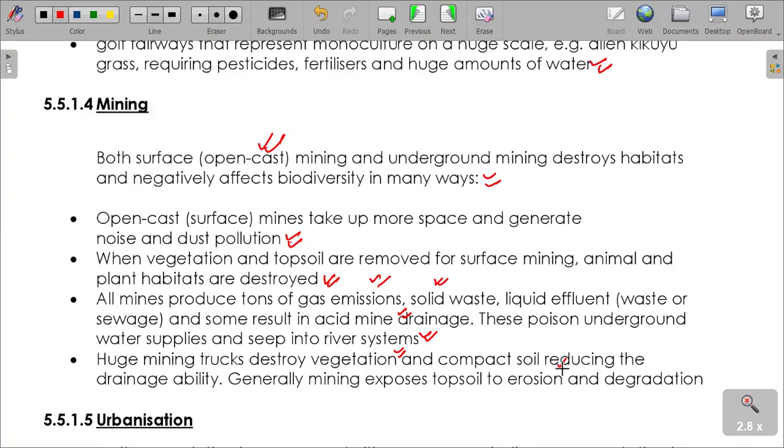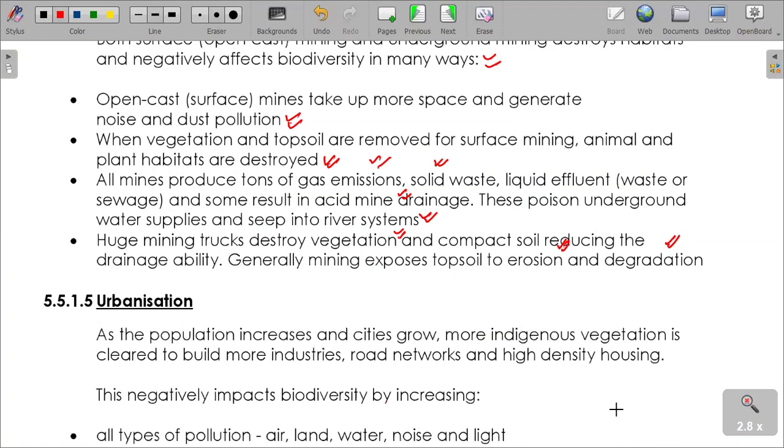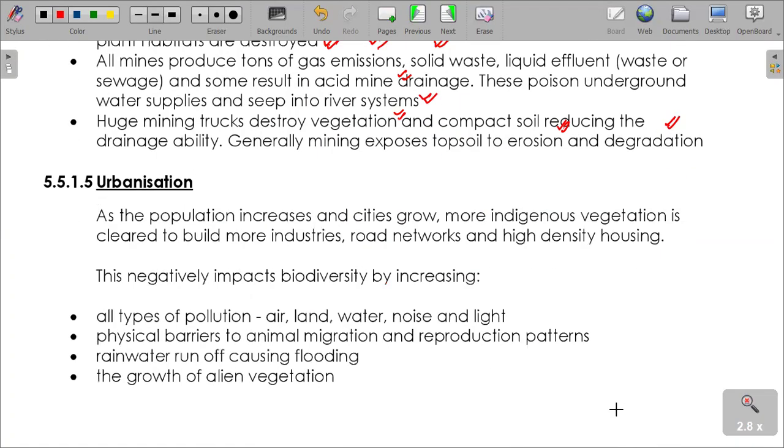To erosion and various degradation processes or degradation activities. The topsoils are exposed to extensive degradation because of the cutting down of trees or deforestation that we are talking about. Urbanization also affects our biodiversity.